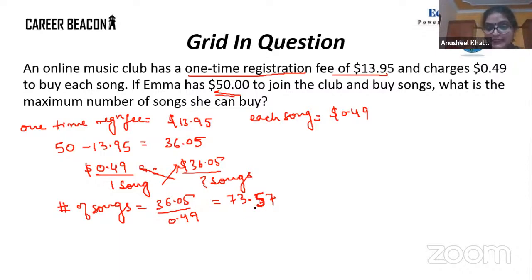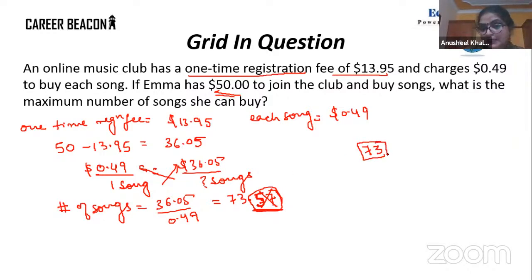Okay, so can you buy a number of songs in decimals? No. You can buy one song, you can buy 10 songs, you can never buy 10.5 songs, right? So that simply means you have to drop this decimal value, and the correct answer for this question would be 73.